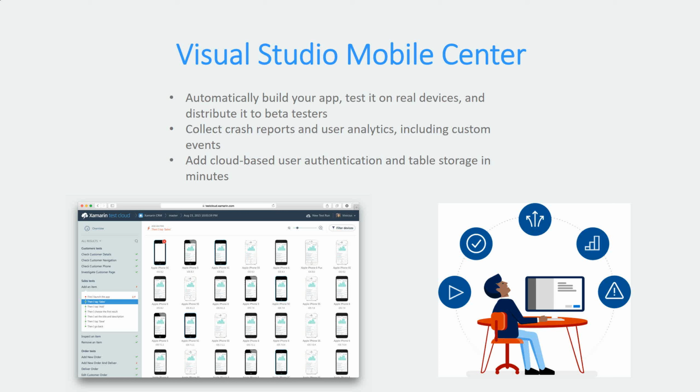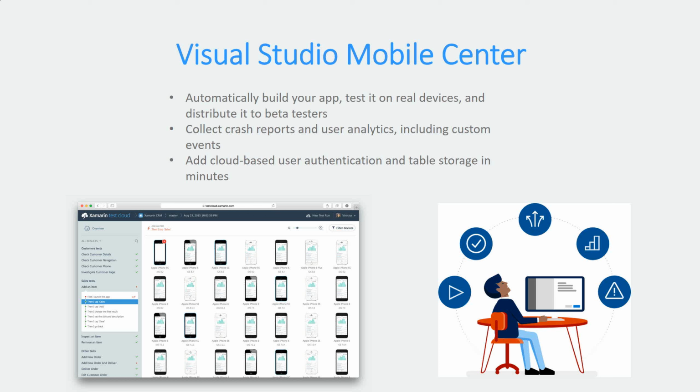This way, you actually get a 5-star app instead of your app crashing on some people's devices, and that's when they really rate your app 2-star or 1-star, and you don't want that.